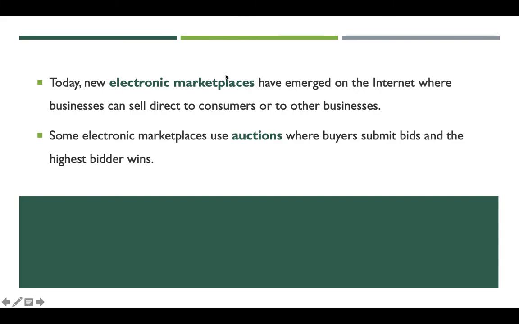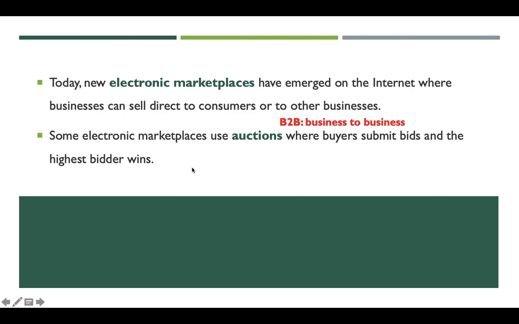So electronic marketplaces refers to markets on the internet. And here in the electronic marketplaces, we have businesses selling to other businesses as well. So this is what we call B2B, business to business.